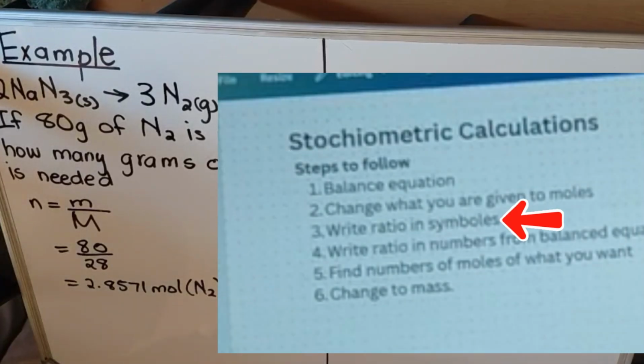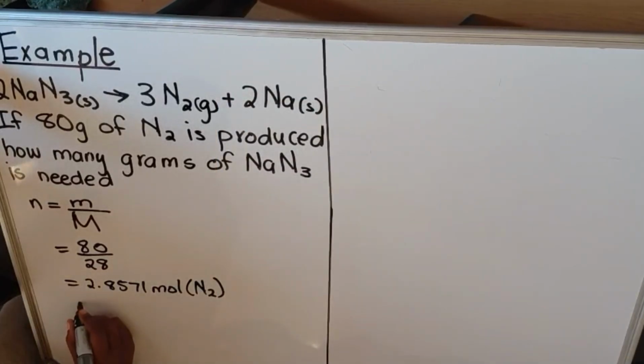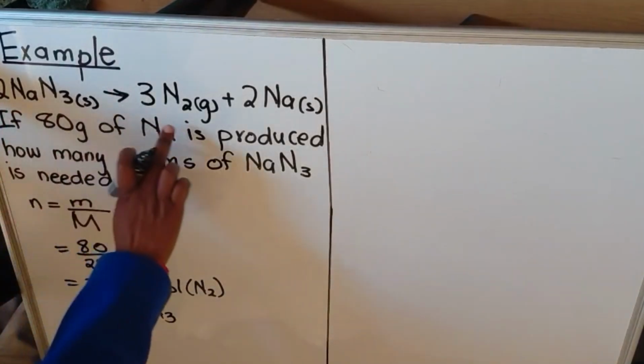The next step, you must write the molar ratio in words or in symbols. Which molar ratios are you writing? We are writing the molar ratio of what I have, which is nitrogen, and the molar ratio of what I want, which is sodium azide. This is the 2 things: this one I have, this one I want. So now I need to write the molar ratio according to the formula.